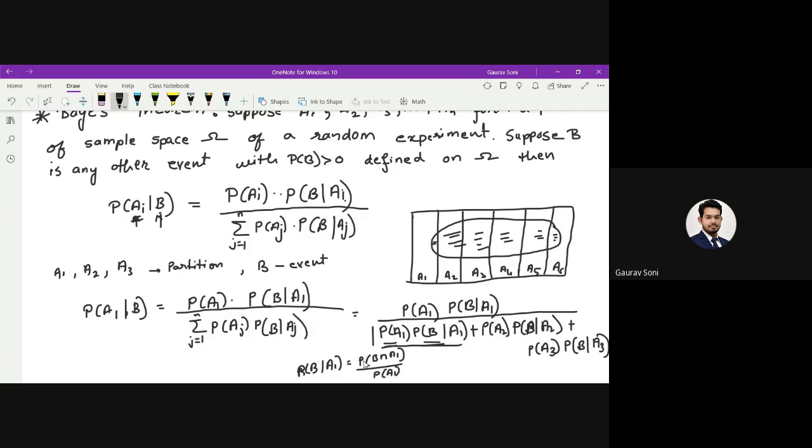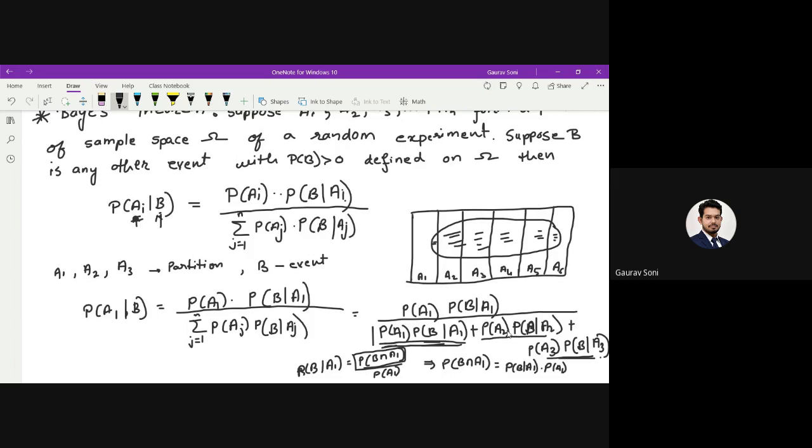So probability of B intersection A1 is equal to probability of B given A1 into probability of A1. Are you getting my point? This is nothing but probability of B intersection A1, this is the probability of B intersection A2, and this is the probability of B intersection A3.